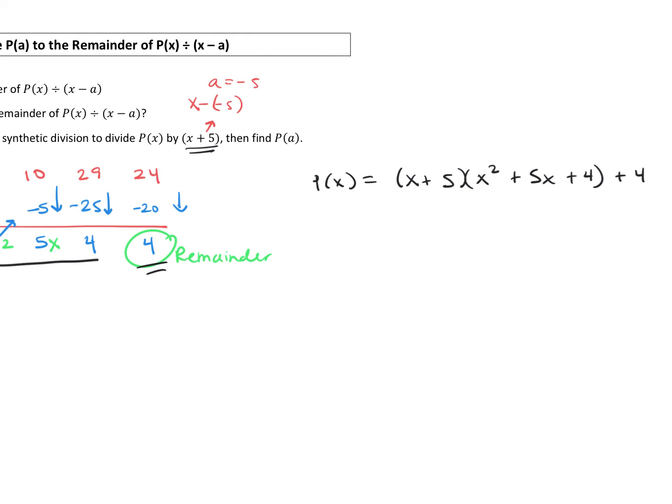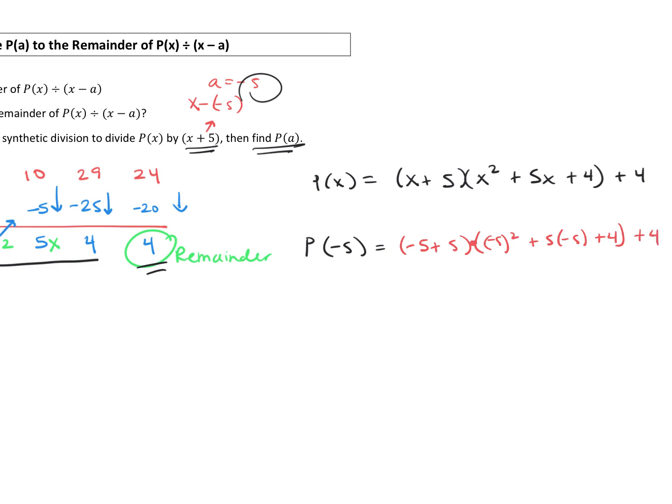Okay, so what they want us to do now is let's find P of A. So P of A, remember up here we said A was negative 5. So what happens if we plug a negative 5 into our function right here? We're going to plug in a negative 5 for every x that we see. This is going to give us negative 5 plus 5 times negative 5 squared plus 5 times negative 5 plus 4, and then that plus 4 on the end.